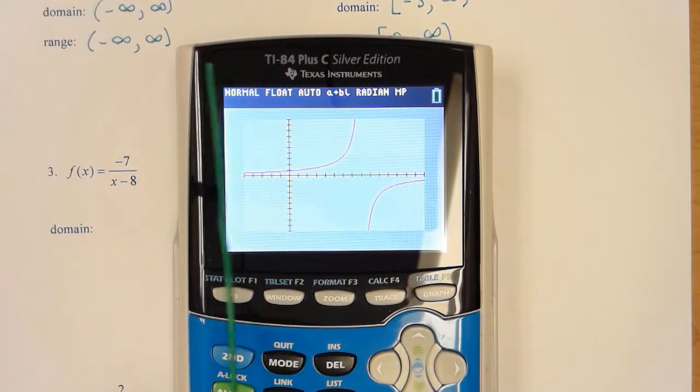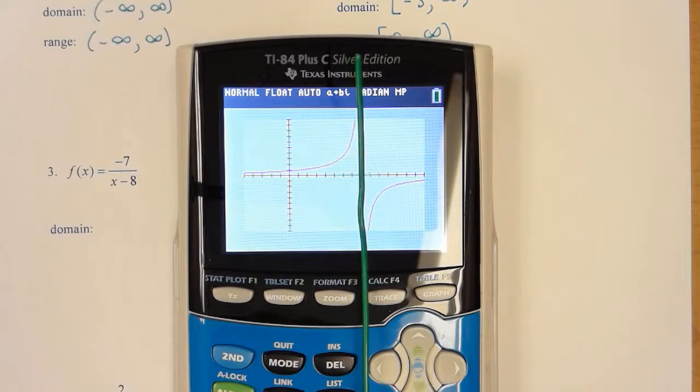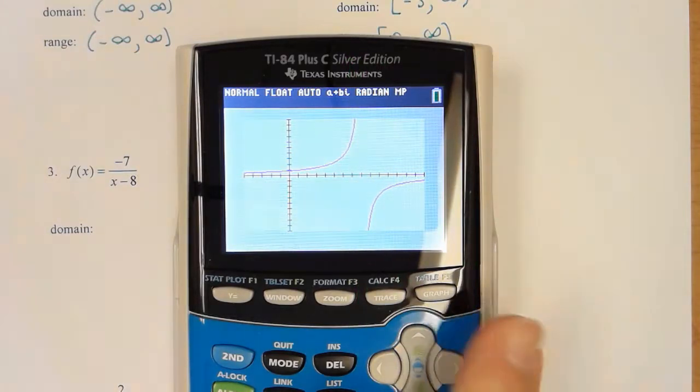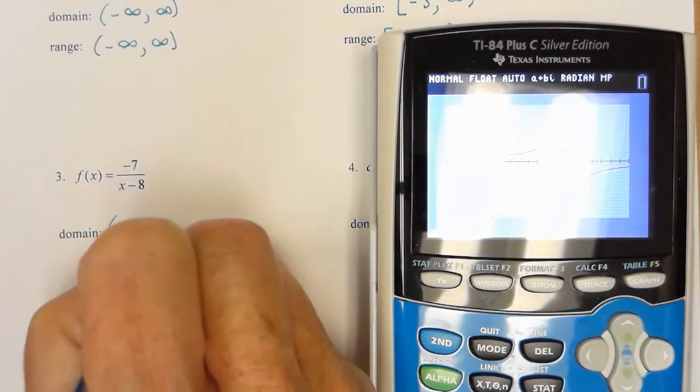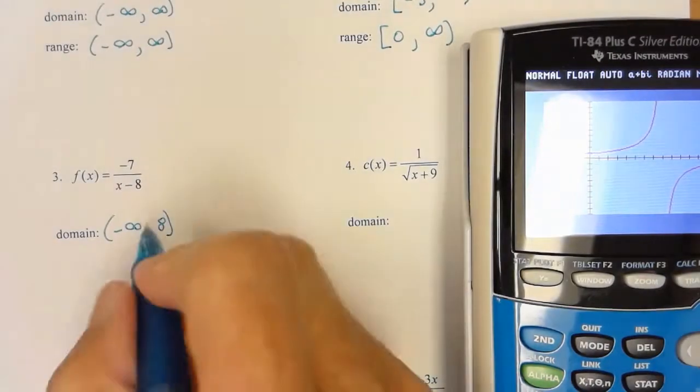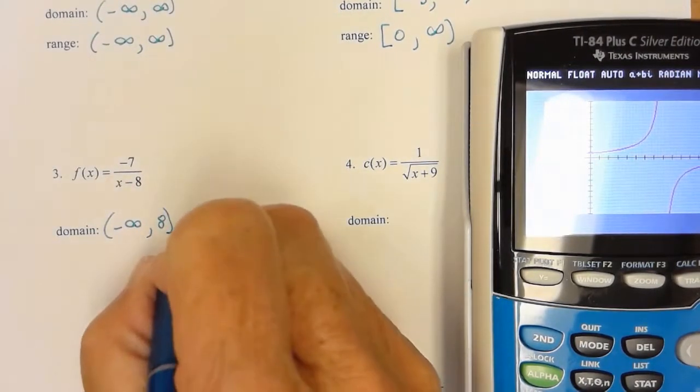So I've got negative infinity, it breaks at 8, picks back up after 8, and goes to infinity. So how I need to write this, notice I use a parentheses because I can't use 8.